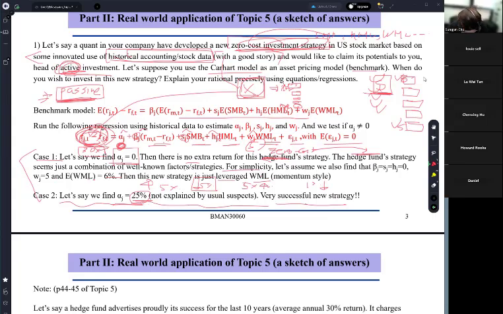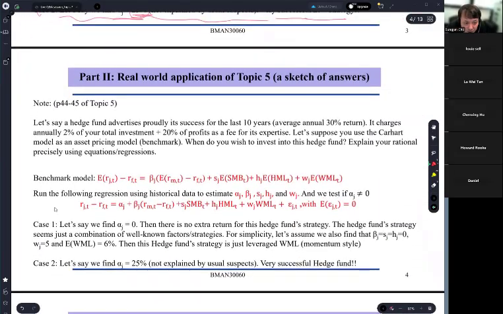So when they find it, they try to get some money from outside investors, and they want to do some hedge fund. Anyway, so that's question 1. And I can quickly review what we discussed in the lecture slide. Let's say a hedge fund proudly advertised its success for the last 10 years, average annual 30% returns. Then they charge you a big fee.